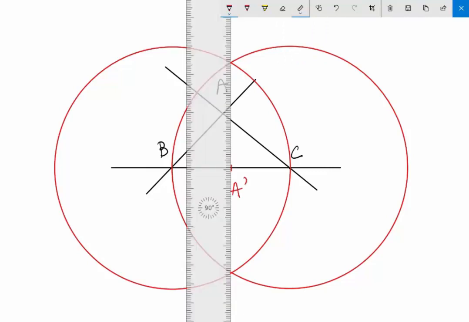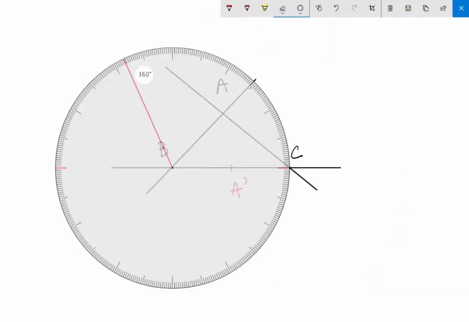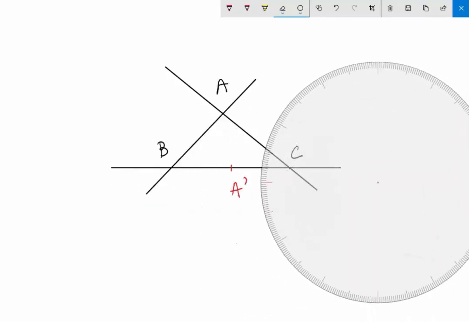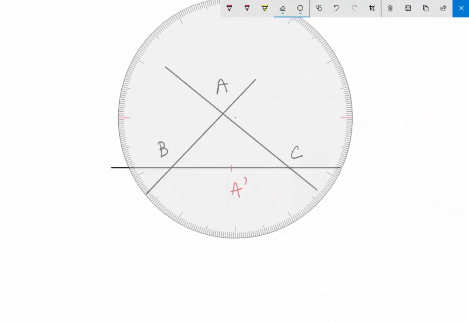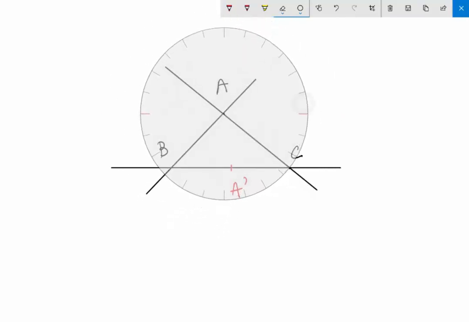Now to avoid confusion, we can just remove the circles. Now to find the midpoint of AC, we essentially play the same game.